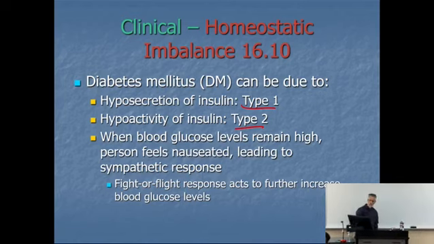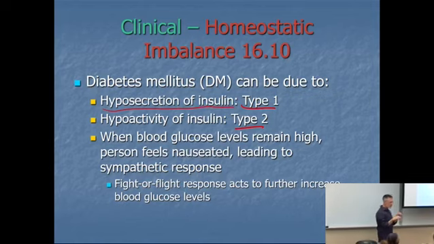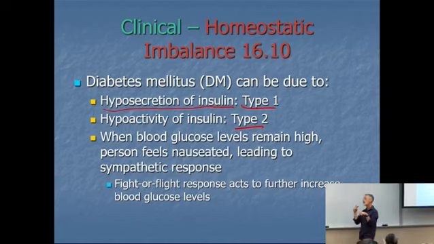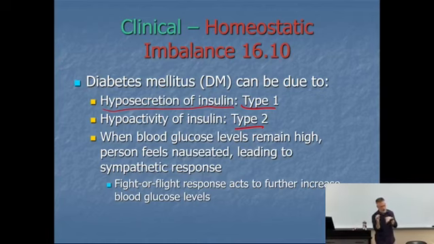But in type 1, it's hyposecretion of insulin from the pancreatic islets, from those beta cells. So what's happening here is those beta cells are being targeted, and we are not producing enough insulin. Often it's an autoimmune response, where we're attacking our own cells. Now those cells can't produce insulin, so the cells that are supposed to help regulate glucose levels can't.